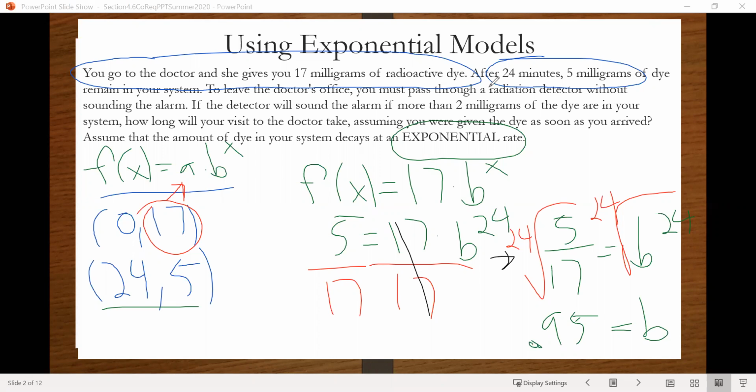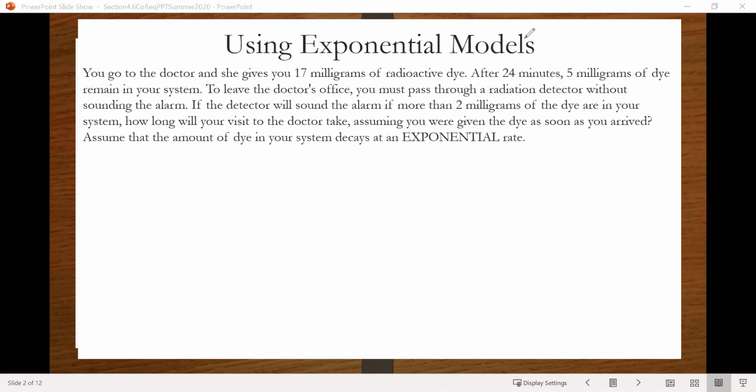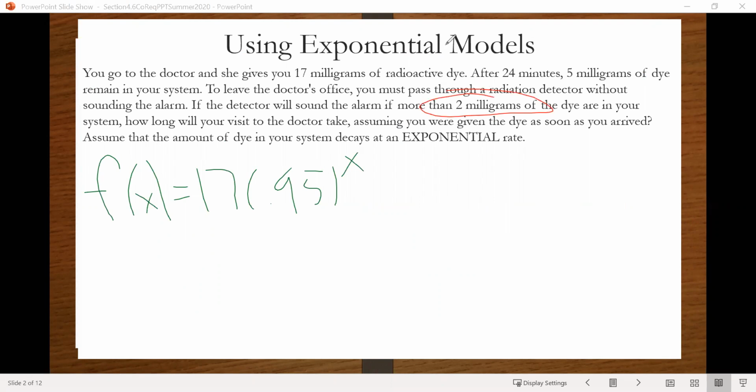Now we know the values for both a and b. We can use that to write our equation then. So it would be f of x equals 17 times 0.95 to the x. And now we can go ahead and solve the problem, right? We want to know when we get to 2 milligrams of dye, so we can leave.